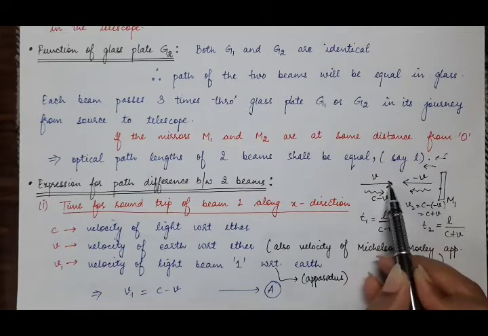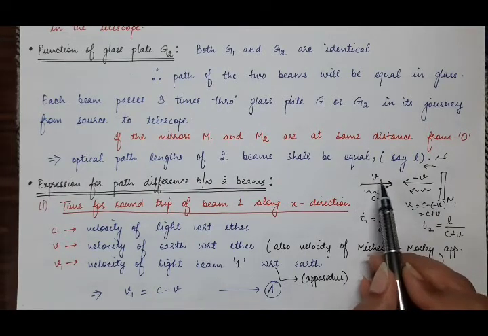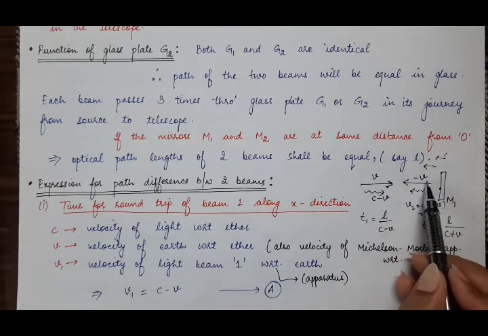So if this is the apparatus which is moving through ether, then it will face ether wind of equal and opposite velocity, that is minus V, in the opposite direction.